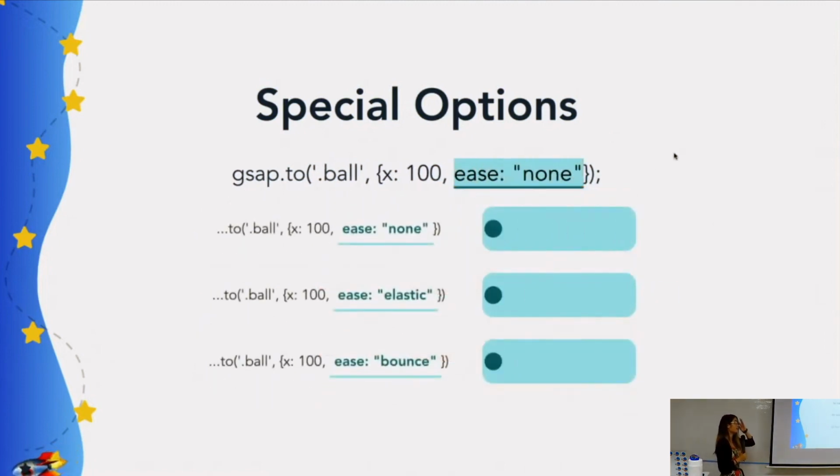If you want to give it an ease, so this changes how the animation gets from point A to point B, you can say it needs to be elastic or it should be bouncy, and it'll spring a little bit at the end. This is what really makes GSAP great as a tool. It's thinking about what animators want, and it makes life easy for you.